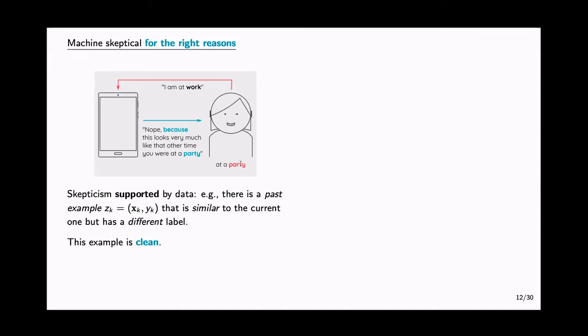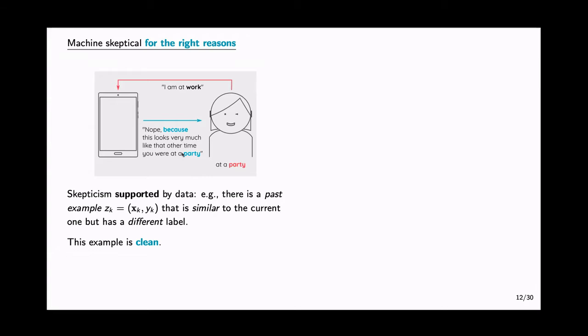So suppose that the user says that is working. However, the machine looks at some past examples and finds a past example that is very similar to the current incoming example, but has a different label. So the incoming example belongs to the class work.